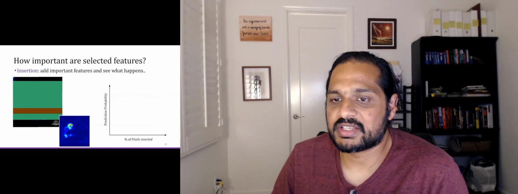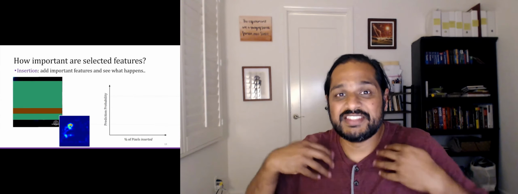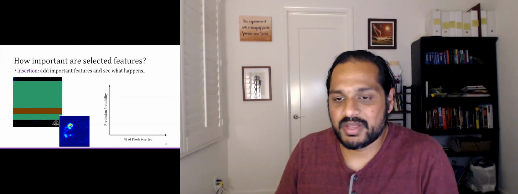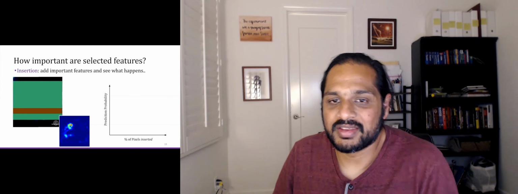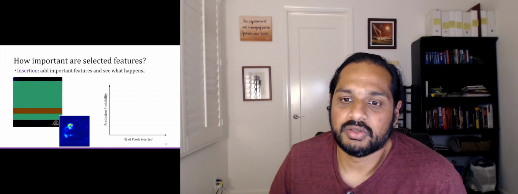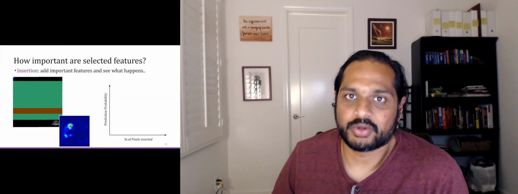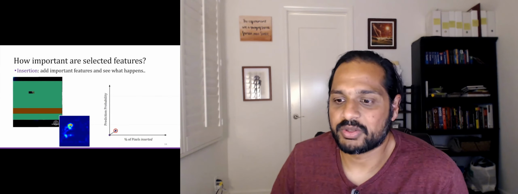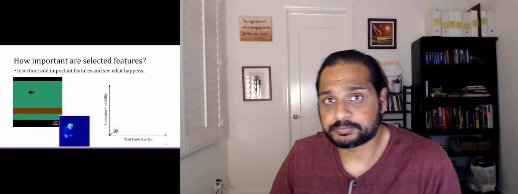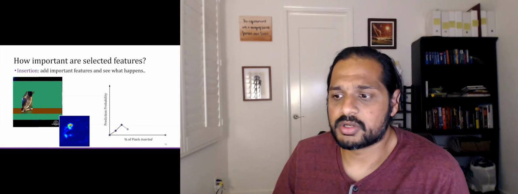There's a version of this that, instead of deletion, does insertion. So you start with a removed image, and then you start putting in your features according to whatever is most important by your explanation technique, and see how the probability of the model goes up, right?